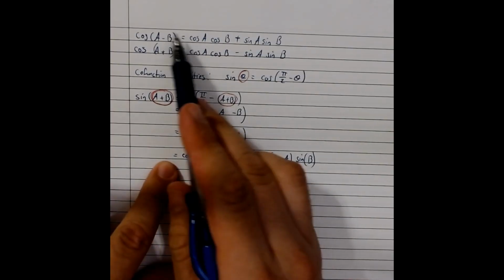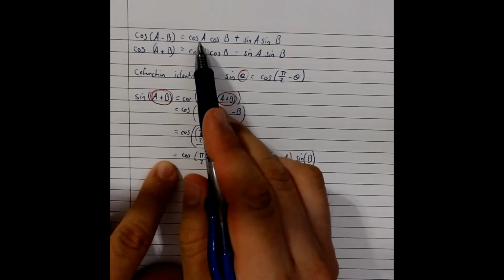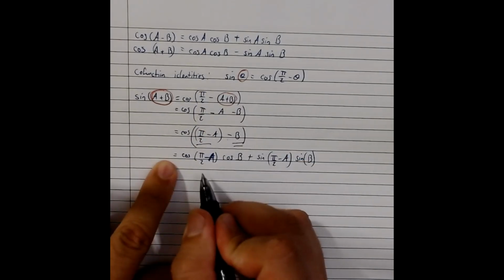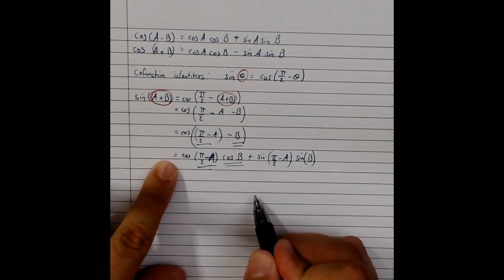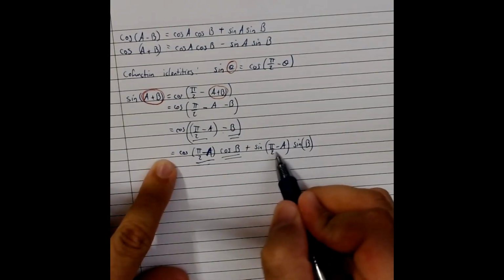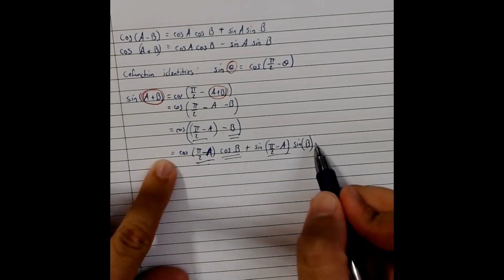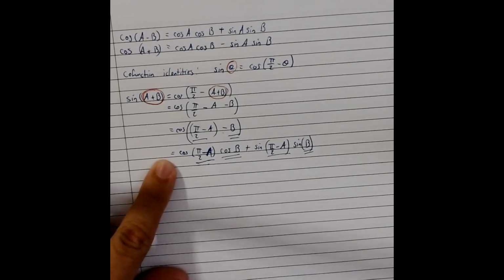By the difference formula for cosine, I have cosine of the first angle times the cosine of the second angle plus the sine of the first angle times the sine of the second angle.